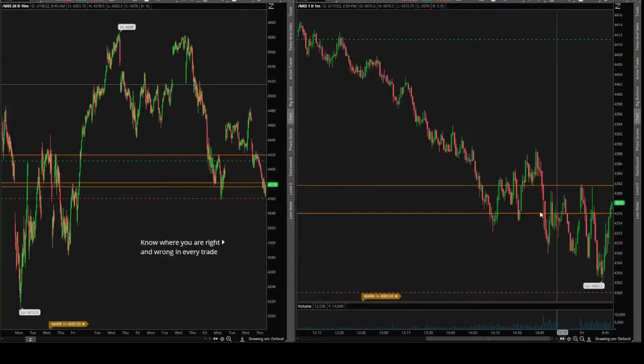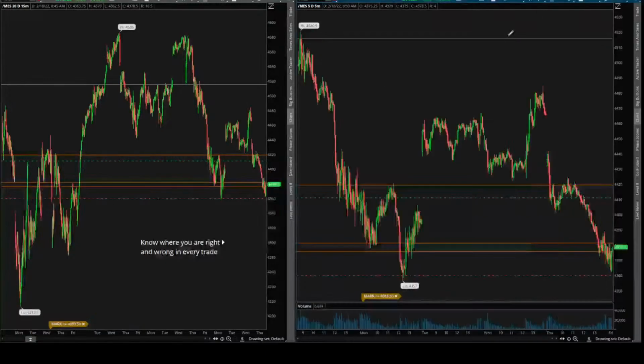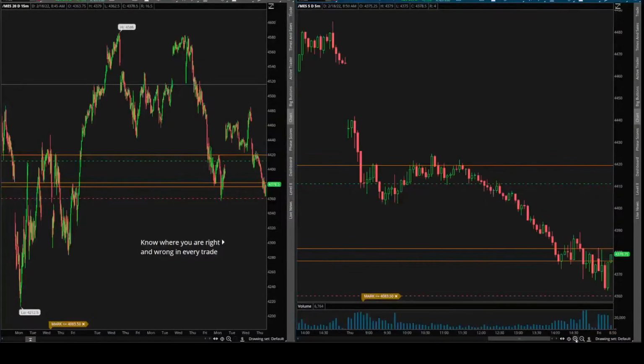All right, change this to a 5 minute. So here's the 5 minute. A whole bunch to look at, but this is noteworthy that we came down here, tested, now we're right back above and right in the range of where we opened up at.